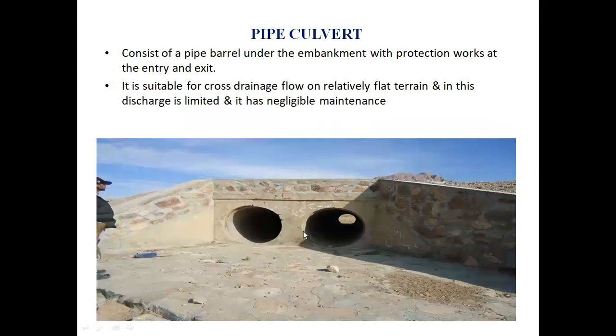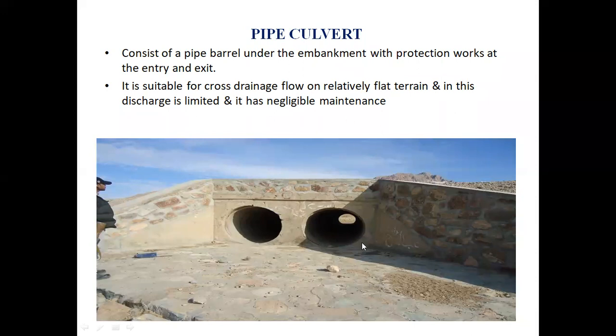And next one, the pipe culvert. Most of you will have seen a culvert, but if anyone can't imagine it, you can just see this. These pipe culverts are usually constructed to allow water flow from one end to the other end. This consists of a pipe barrel under the embankment with protection works at the entry and exit.